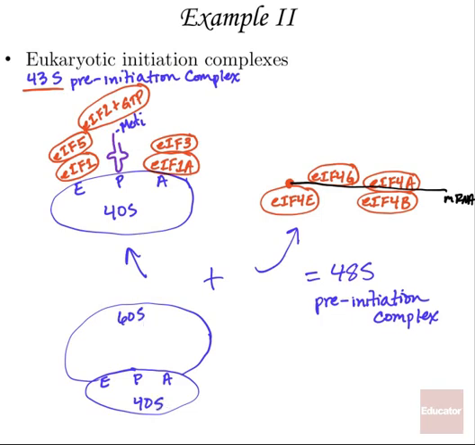And then we have that mRNA coming through, and we have our proper initiation tRNA in the P site. We will have an empty E site and an empty A site, and then we now have the full 80S complex. And now it is ready to go through elongation.